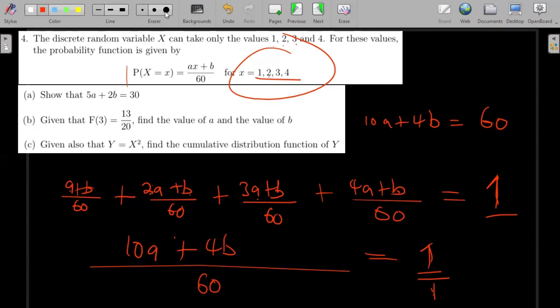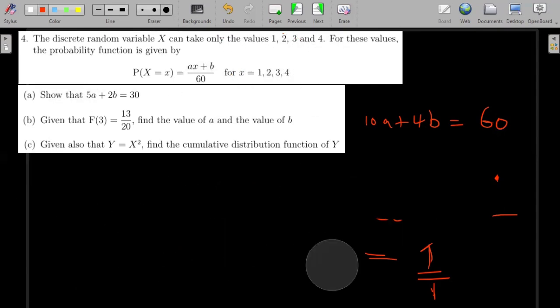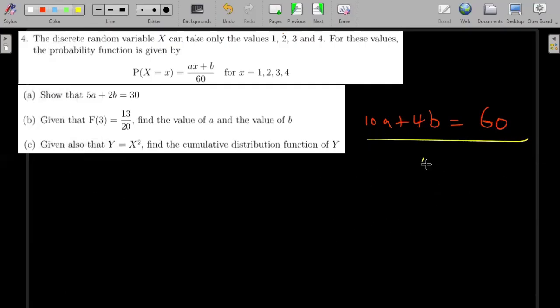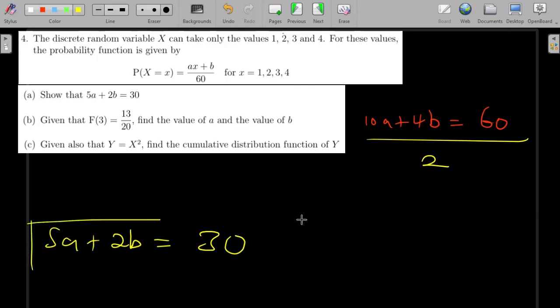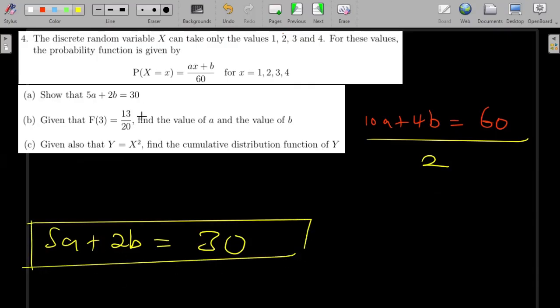Then we can divide throughout by 2 to get the desired equation that we want to show. So if I divide throughout by 2, I get 5a plus 2b is equal to 30. You can even see that this is what we are required to show. So the equation comes out on its own, as long as you do the correct thing. So this will be our equation 1.